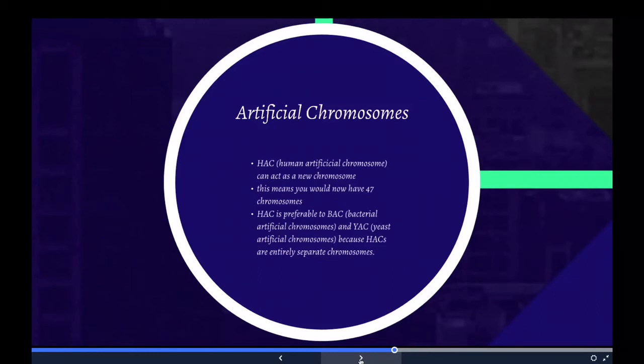Human artificial chromosomes differ in this regard, as they are entirely separate chromosomes. This separation from existing genetic material assumes that no insertional mutants would arise. The stability and accuracy make human artificial chromosomes preferable to other methods such as viral vectors, yeast artificial chromosomes, and bacterial artificial chromosomes.